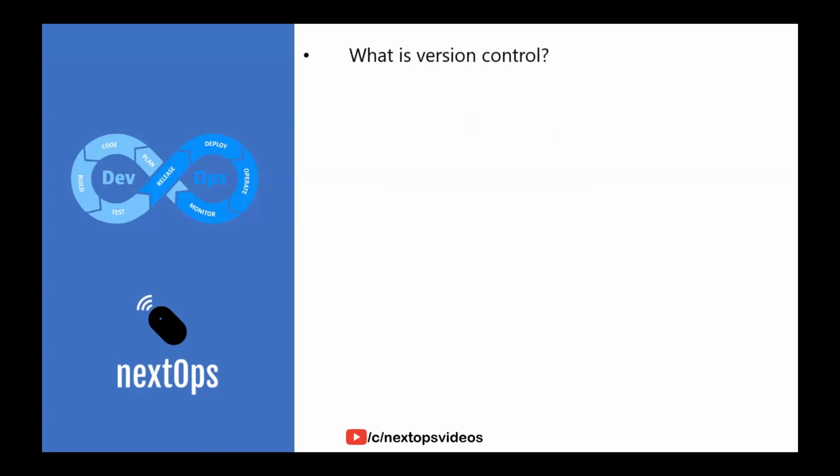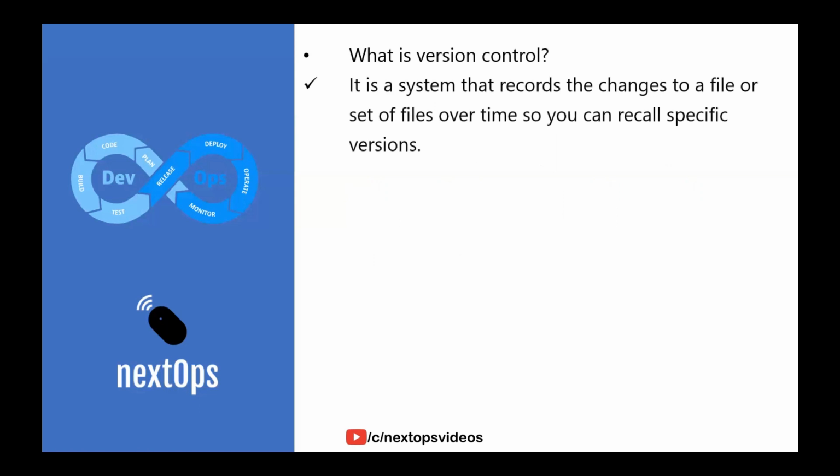What is version control? It is a system that records the changes to a file or set of files over time so you can recall specific versions. Let's say you have created a text file. When you created it, it is version 1. From there on, whenever you make changes, all these changes will be recorded by the version control system, such as Git or Bitbucket or Subversion or Team Foundation Version Control by Microsoft.